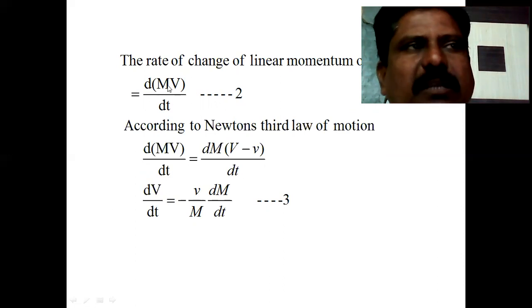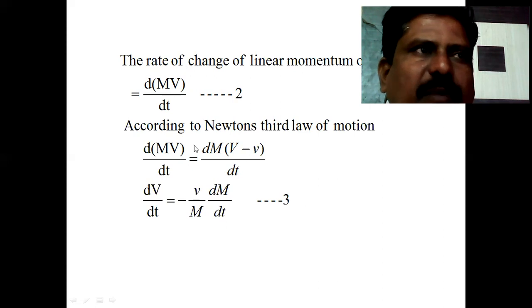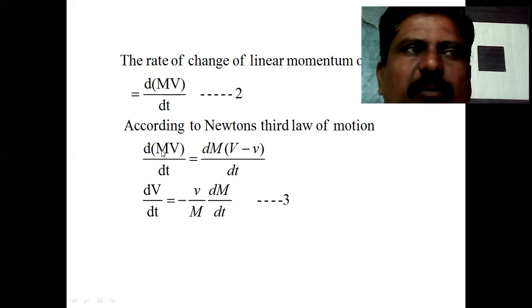During its motion, both the mass and the velocity change, so you write d by dt of (M into v). According to Newton's third law of motion, this rate of change of momentum of the rocket is equal to the force acting on it, so d by dt of (M into v) equals dm into (capital V minus small v) divided by dt.